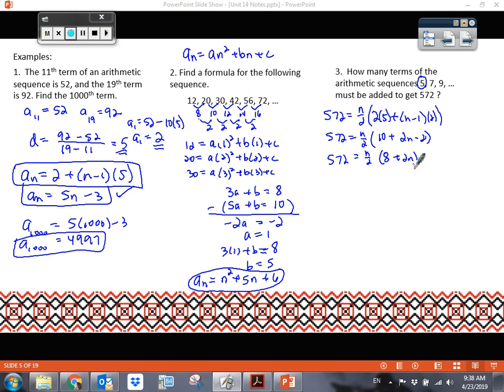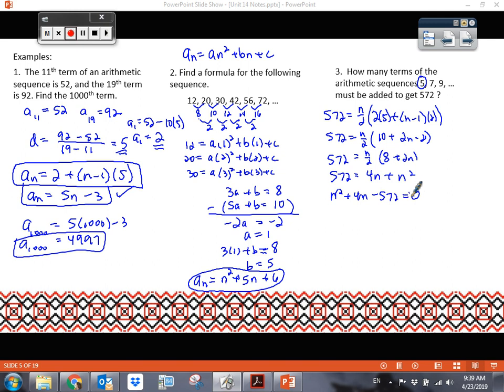Otherwise, I might multiply both sides by 2. So 8n over 2 is 4n, and n over 2 times 2n is n squared. So this is a quadratic: n squared plus 4n minus 572 equals 0.